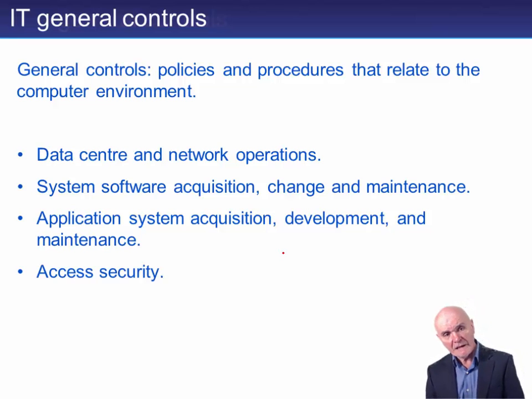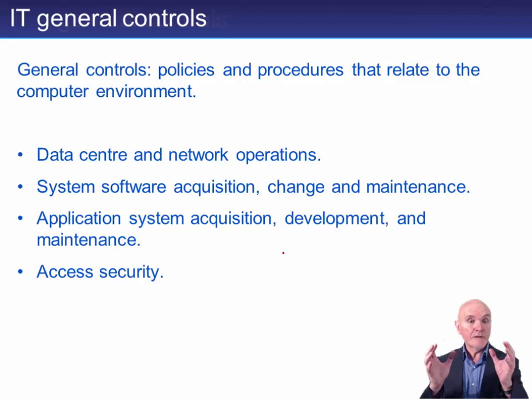First, there are really two sets of controls. There's IT general controls. This is like the controls over the computer environment. So the sort of controls that we need here are controls over the data center network operations.